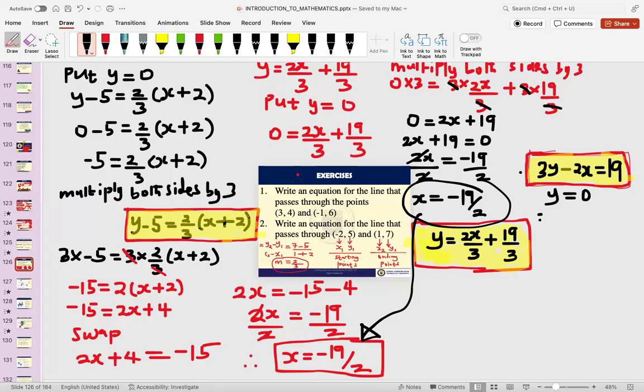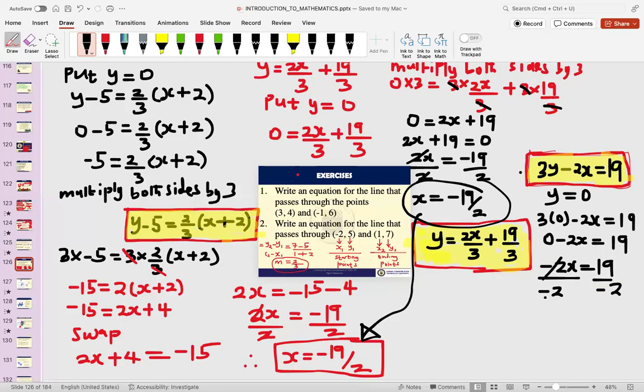So we put 0 here, we have 3 times 0 minus 2x is equal to 19. 0 times any number is 0, so 0 minus 2x is equal to 19. 0 minus 2x is the same as minus 2x equals 19. It is x we are looking for, so we need to get rid of this negative 2. Divide every side by negative 2.